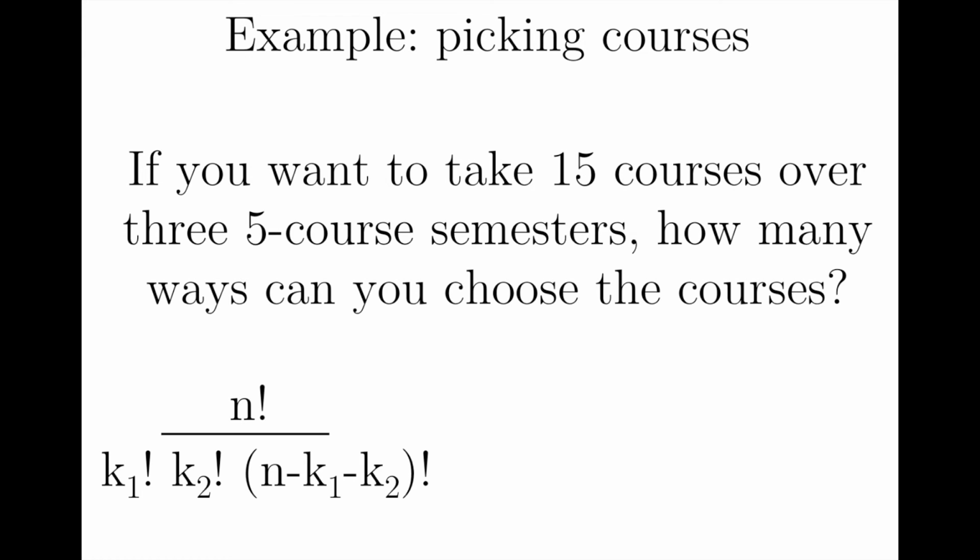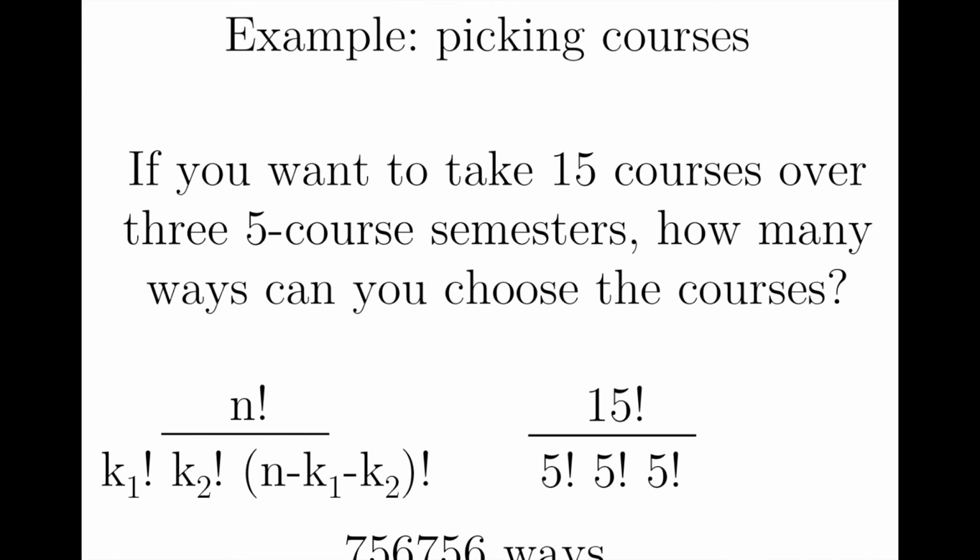All this means is we have n factorial different combinations to choose from, and we want to divide out any of the duplicates that occur from order mattering.